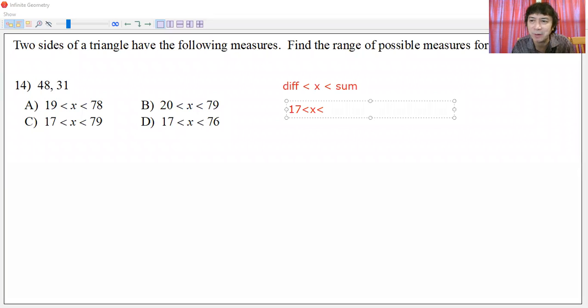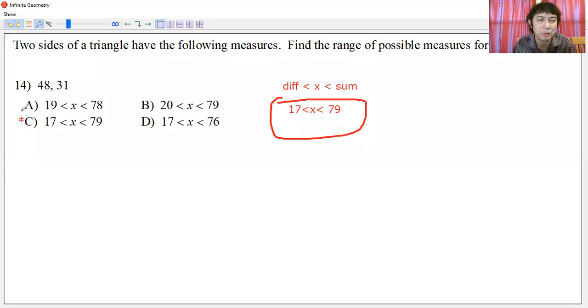That's 79. This is our answer, this is the range, 17 and 79. So our answer is C. Let's check. That's how to determine the possible range for the third side.